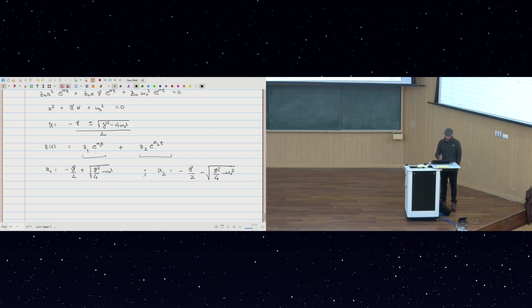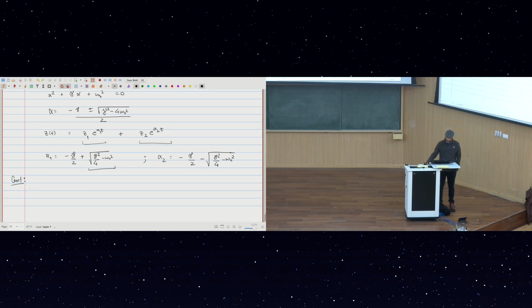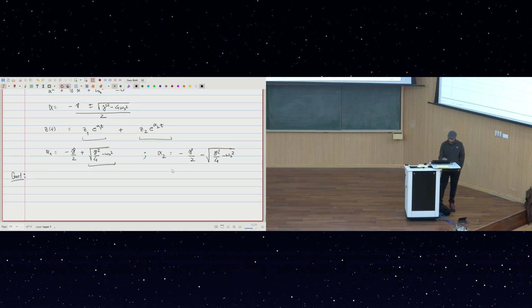So the first case is where this thing is imaginary. So case 1, which is more commonly seen, is where gamma square upon 4 minus omega naught square is less than 0. We don't know what gamma and omega naught are.